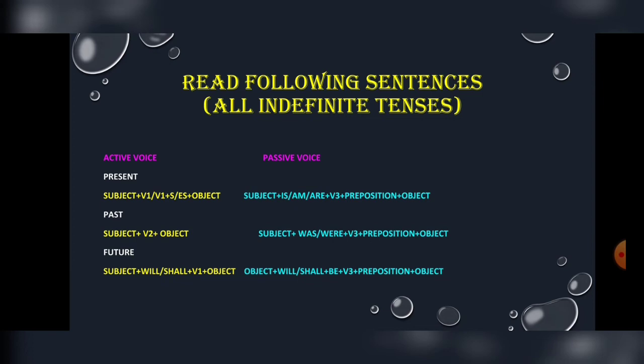So we have understood all the indefinite tenses, and you can make a chart like this. For all the three tenses, that is present, past and future, we have written the sentence structure of active voice on the left hand side and the sentence structure of passive voice at the right hand side.